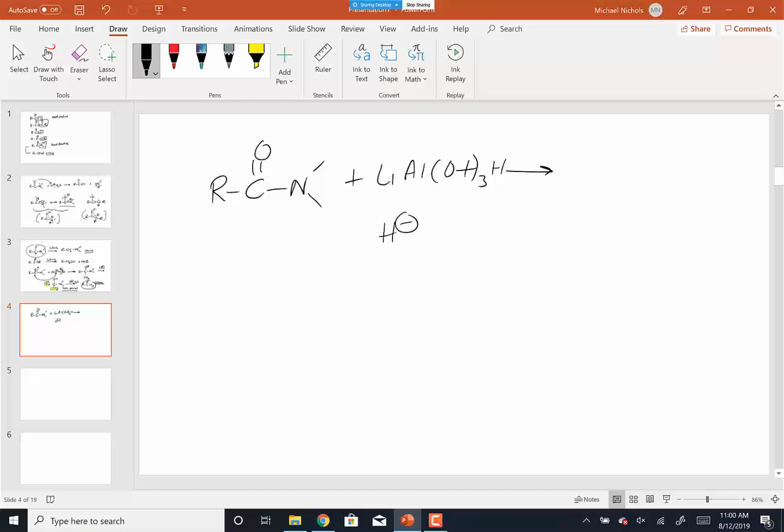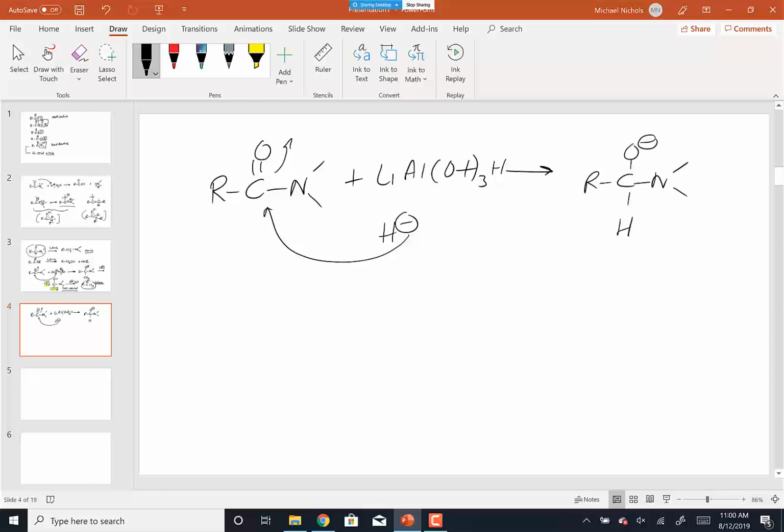Aishwarya. Greg. What's the H minus going to do? It's going to attack the carbonyl.